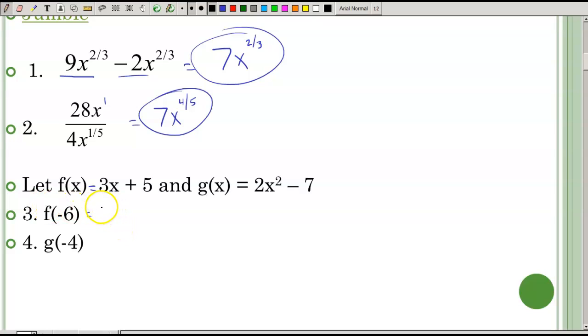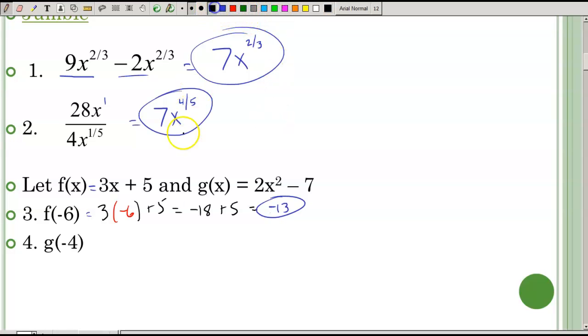So instead of 3x plus 5, we're going to have 3 times -6 plus 5. We simply evaluate and then say what the output is. So 3 times -6 is -18, plus 5. Therefore, f of -6 in this case is -13.